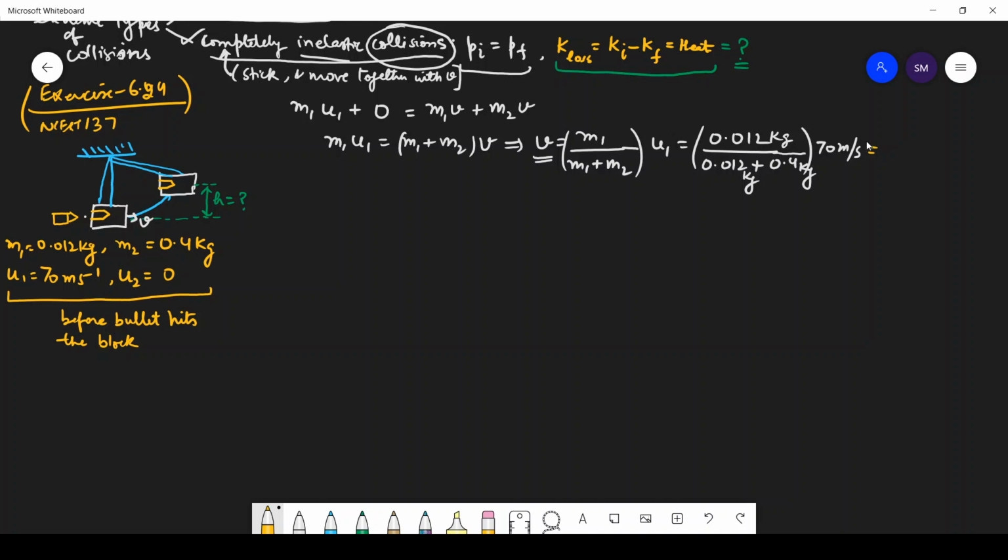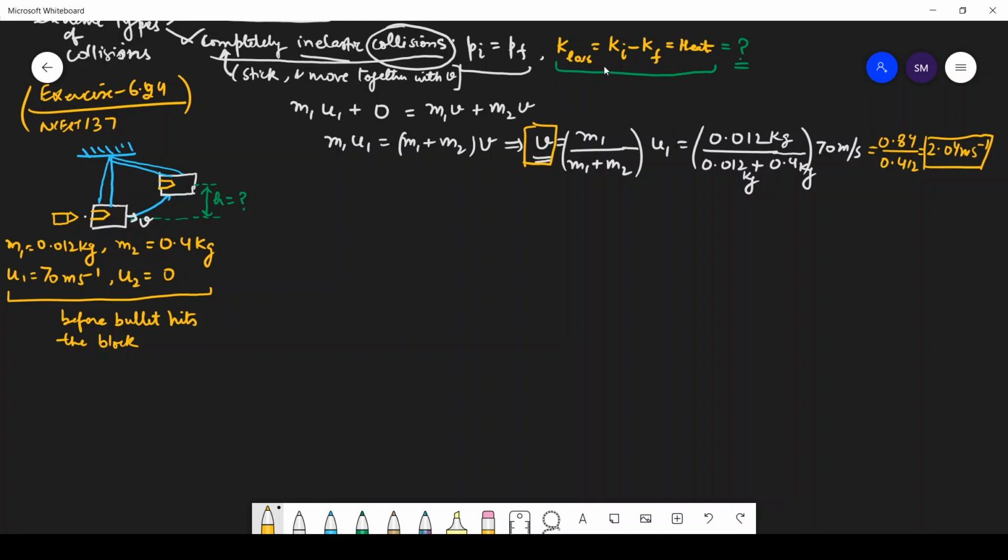Approximately it comes out to be 0.84, 12,734 and 0.412, and when you further calculate it, it comes out to be 2.04 meter per second. So you have found the final velocity. This is your final velocity. So both of them are moving with this velocity.